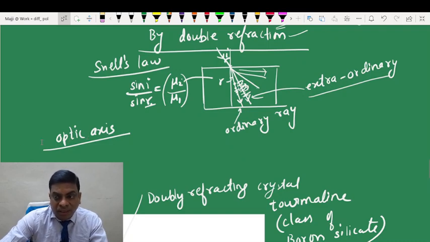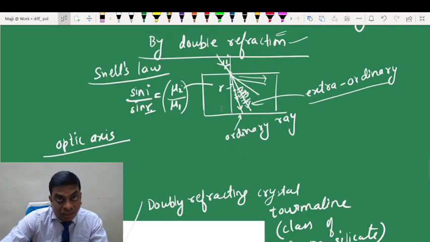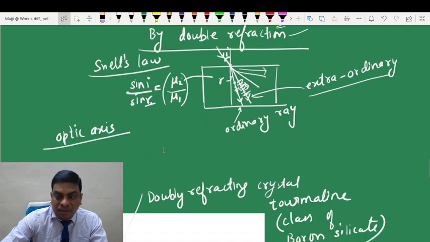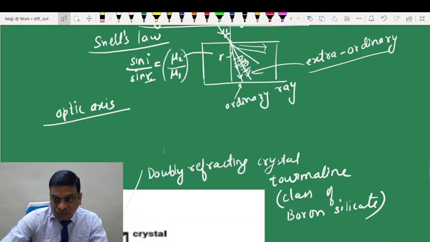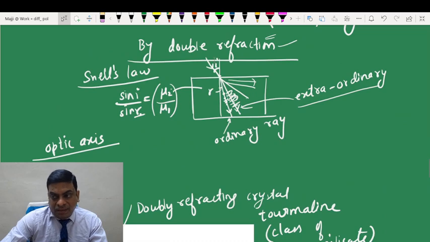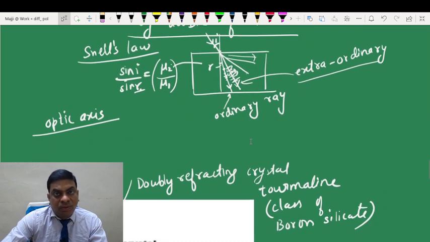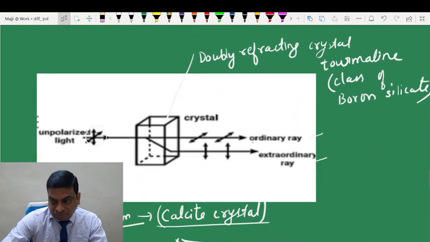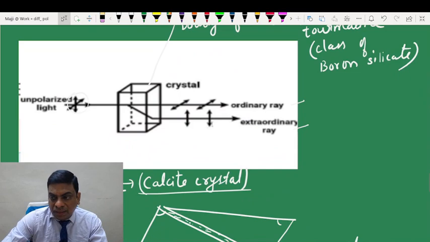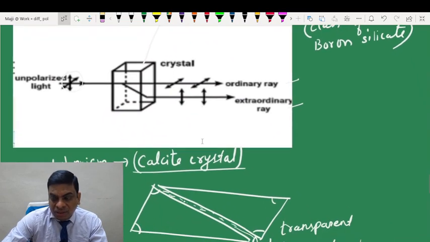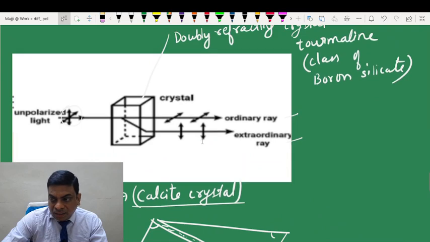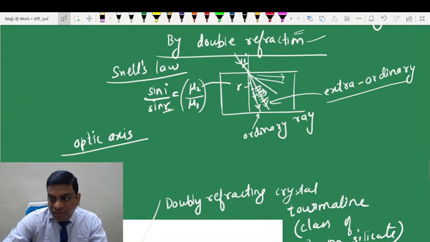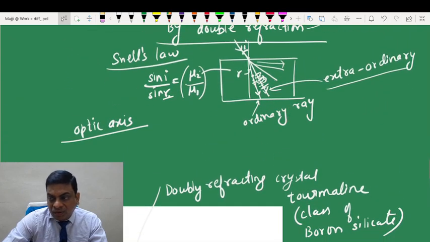Whatever be the case, if light is made to pass along the optic axis of that crystal, it will not get split up into extraordinary ray and ordinary ray. That is one thing you have to understand. Other than the optic axis, a single incident ray will always get split up into two rays. One of them is the ordinary ray and the other is the extraordinary ray. As you can see, both carry electric field vibrations in two different directions. Then certainly the refractive index will be different for the ordinary ray and the extraordinary ray because the angles of refraction are different.